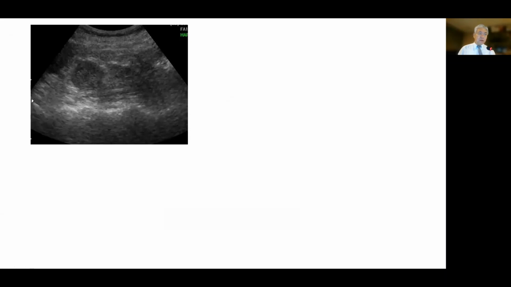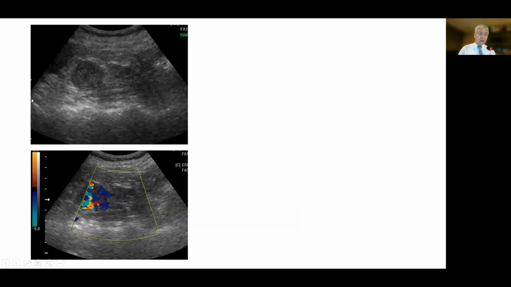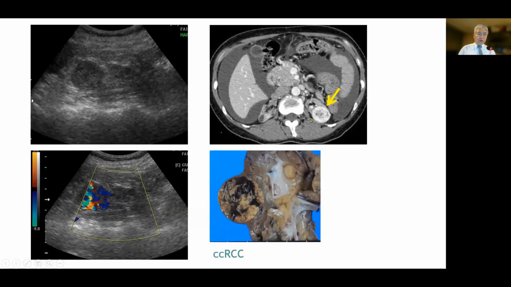This CKD patient has a similar hypoechoic mass-like lesion, but this mass shows marked hypervascularity at Doppler ultrasound, and the CT well shows the enhancing mass, which is the clear cell type renal cell carcinoma.